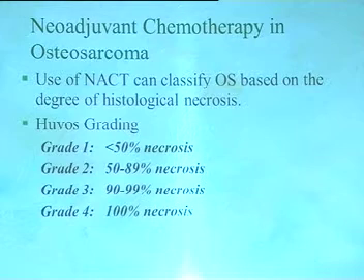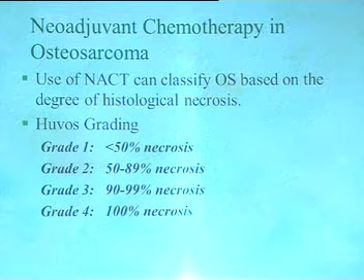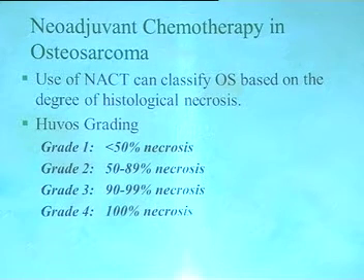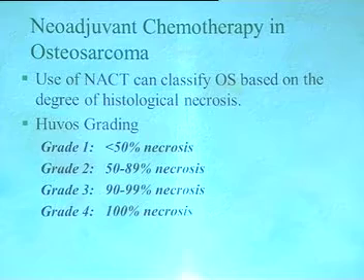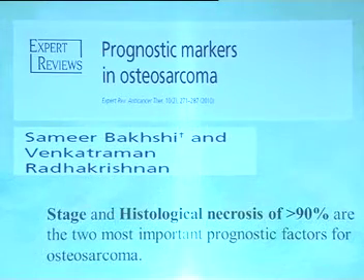I would also like to add that malignant fibrous histiocytoma, which is treated like osteosarcoma, has a lower chance of having good necrosis, but has an outcome as good as osteosarcoma. We had published these prognostic factors in Expert Reviews just to highlight that histological necrosis is still one of the key factors.